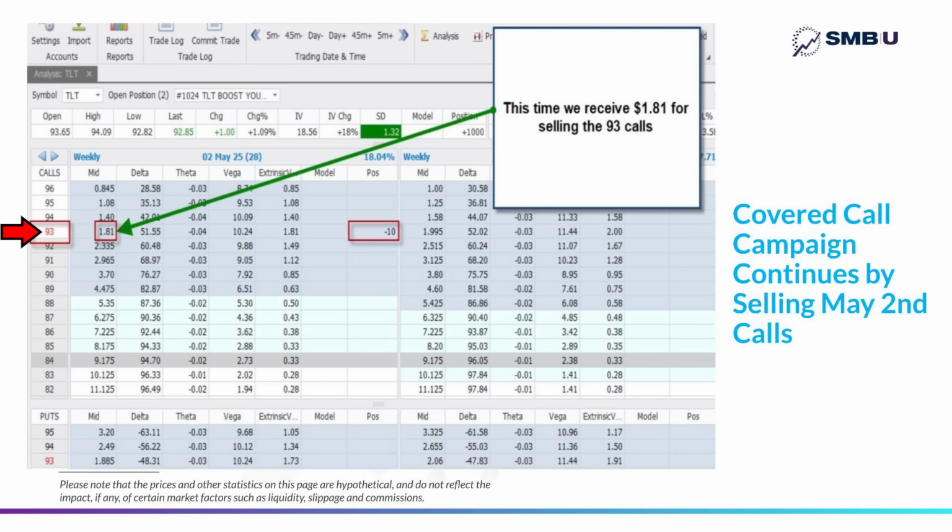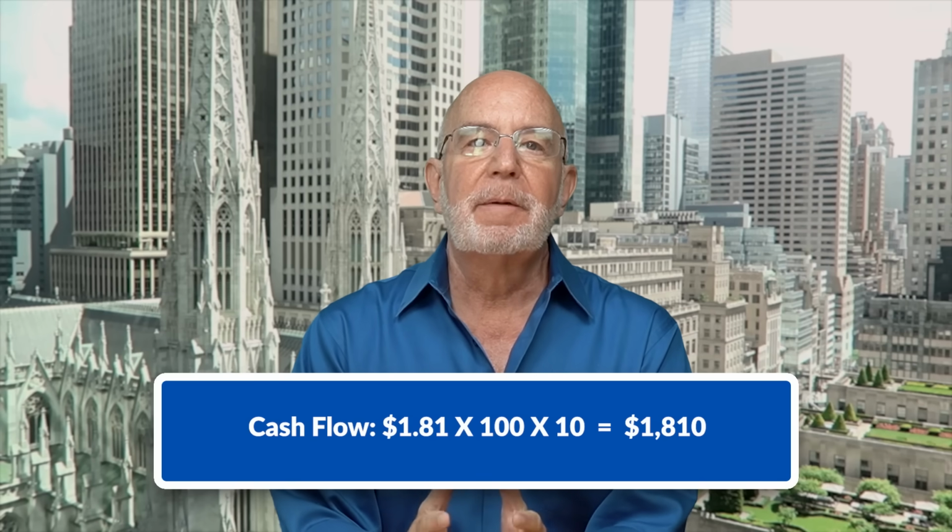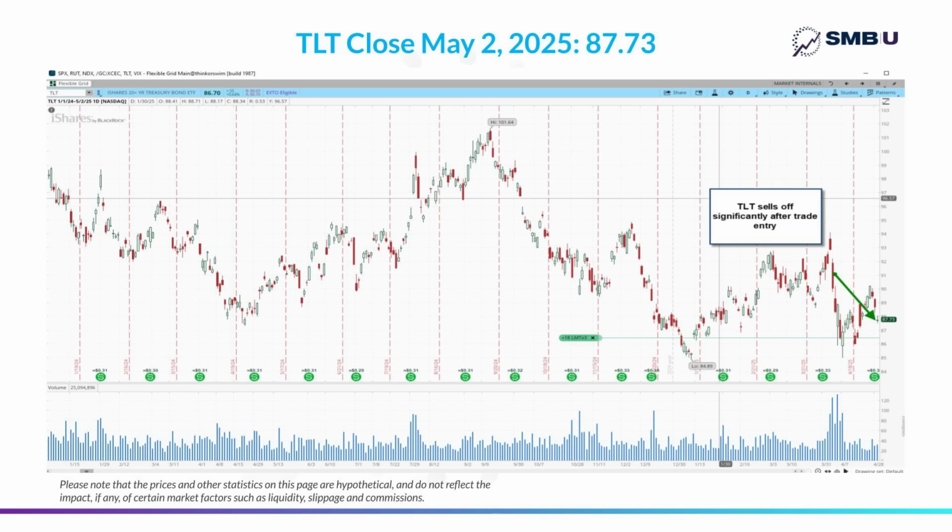Moving to the May trade, the 93 calls right above where the market is selling are going for $1.81, so we collect $18.10 for those. But this time, something interesting happens, and that is that the stock undergoes a significant sell-off, such that by May 2nd, it closed at 87.73, down about 5 points from the trade entry.